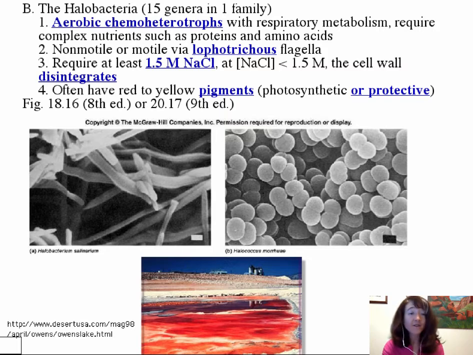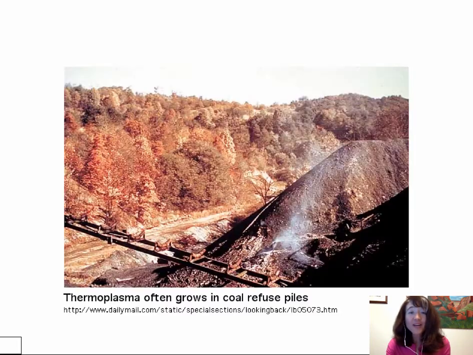All right, salt lovers. So how about looking for a minute at the heat lovers that we see in places like these coal refuse piles? I look at this picture and I think home sweet home, because Leadville was an EPA Superfund site when I was growing up. We had a lot of coal refuse piles.